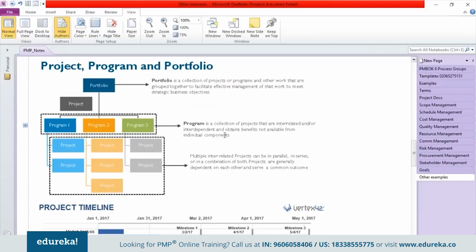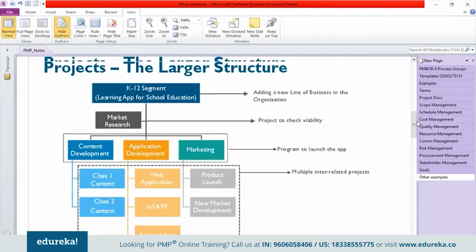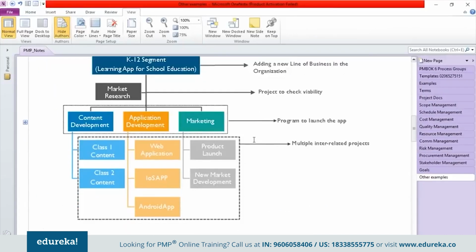So I can see there is one question over here, and this question is from Swati, and she's trying to clarify about the portfolio. All right, so let me just repeat what a portfolio is. As I mentioned in the above example, the company is now going to venture into a new portfolio of education. Under that education portfolio, they are trying to launch various programs through which they can introduce this learning app for school education.